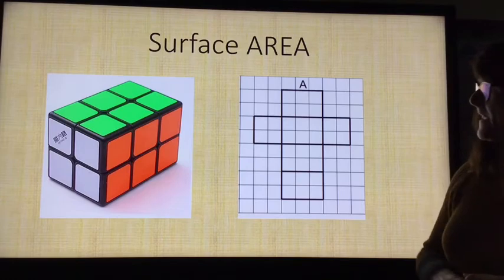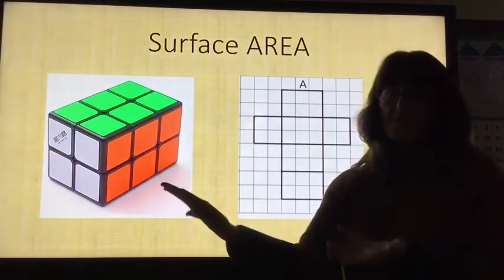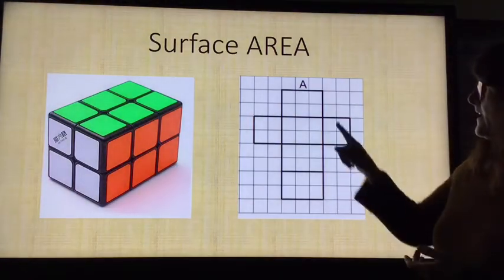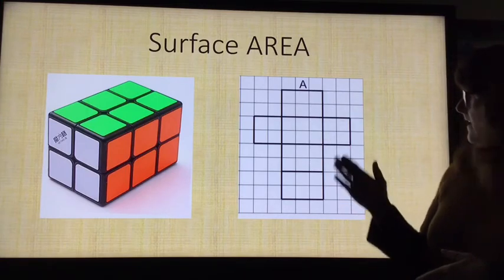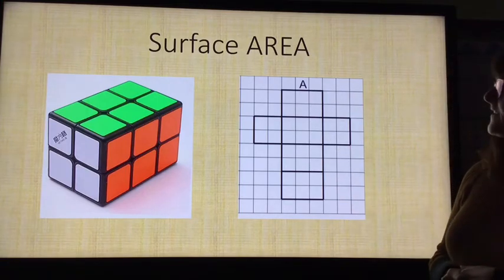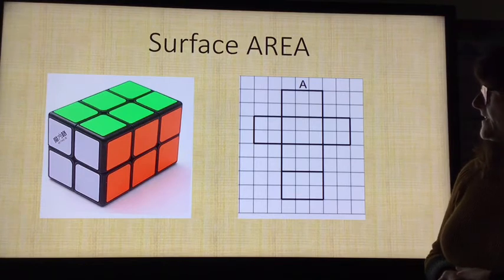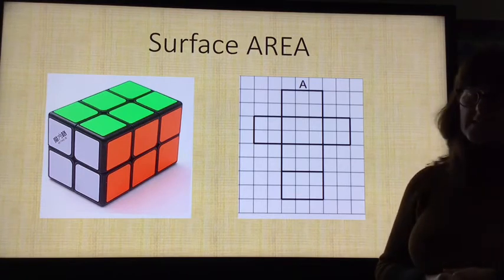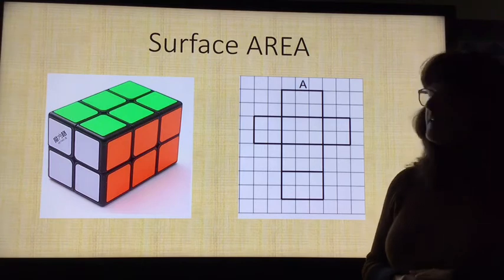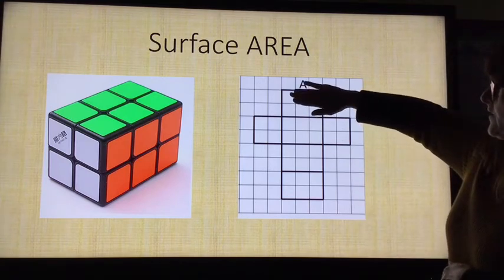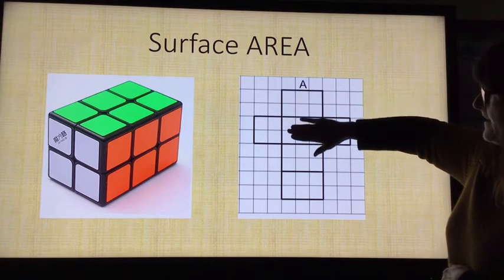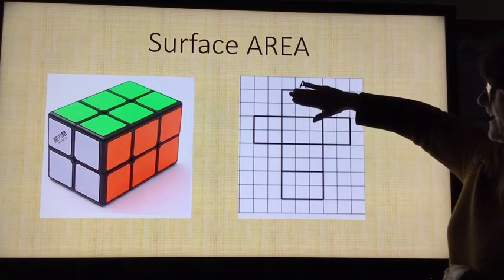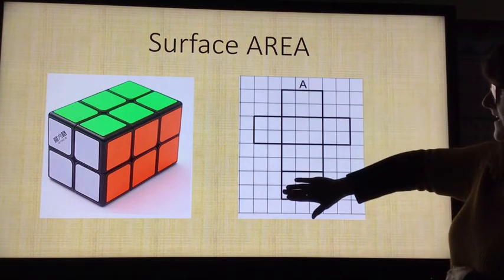Here we go. If we were able to unfold that cube, it would end up as the exact same net that we saw in the previous problem. And from this, we can then calculate the surface area. So this surface has 6 square centimetres, and there's 4 surfaces exactly the same, 4 faces the same.